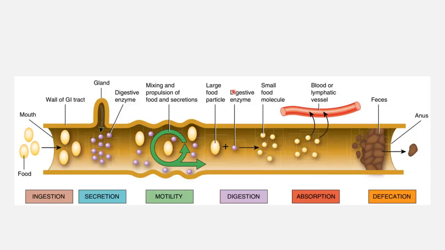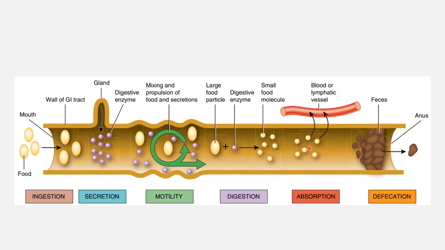So now let us revise the functions of the gastrointestinal tract. These are the important functions. Ingestion of the food is the process by which food enters inside the gastrointestinal tract. After that, the secretions of the gastrointestinal system convert these larger food particles into small food particles, and this process is known as digestion.